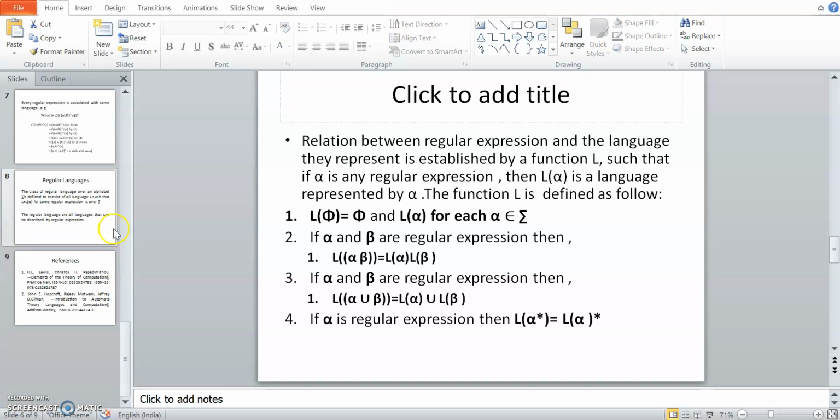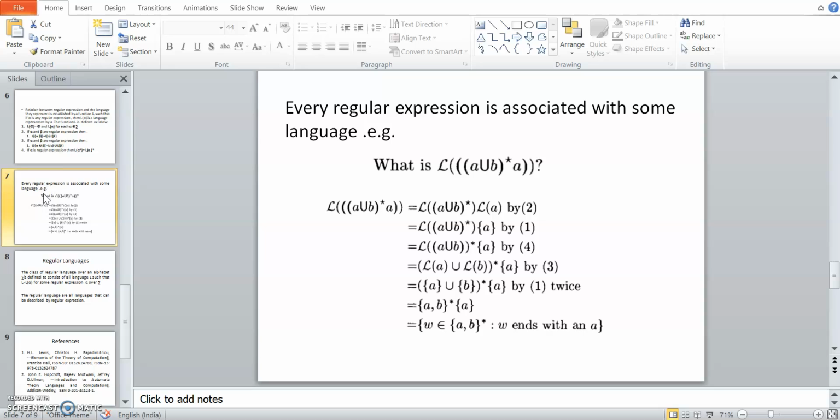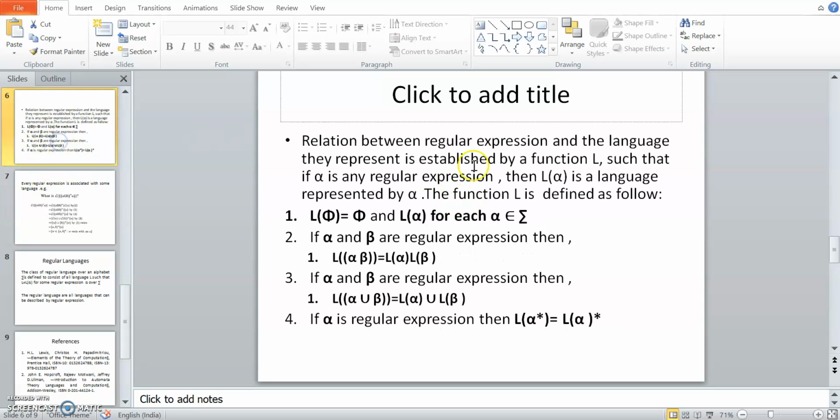Right? Let's see one example. Every regular expression is associated with some language. As we just discussed, if alpha is some regular expression, then what is the language of that? L of alpha.